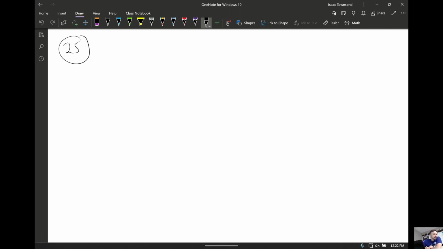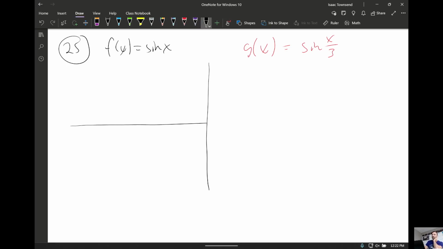Okay, this one says sketch, and so this is where you might want graph paper, and one of them is f of x is sine of x, and the other one is supposed to be g of x is sine of x over 3. Now, honestly, I think the graphing questions are probably the hardest ones.